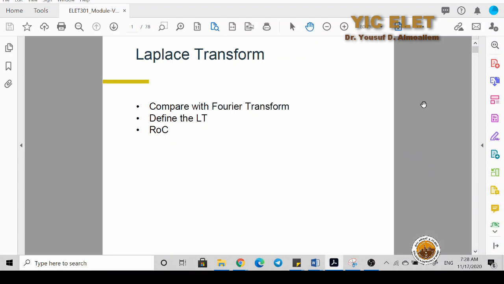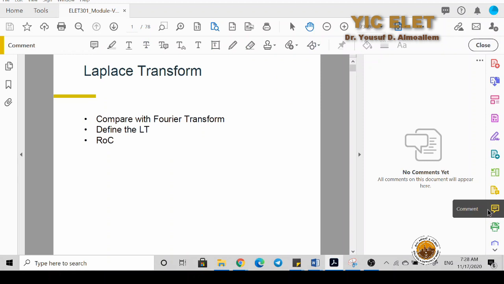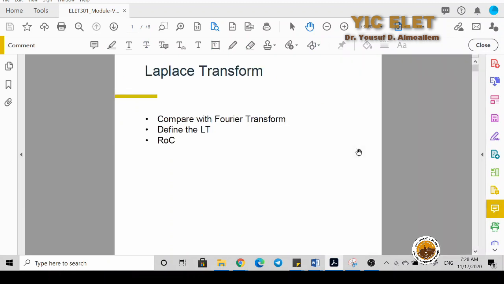Yes. Okay, so today we're going to talk about the Laplace transform, and inshallah we will go through this Laplace transform. First of all, we will compare the Laplace transform with the Fourier transform.